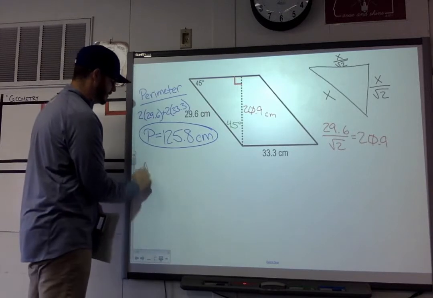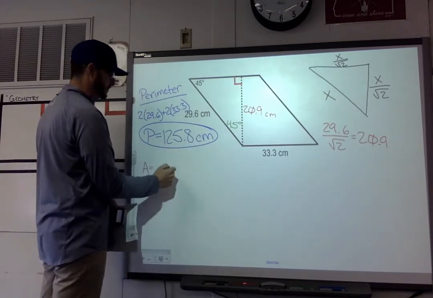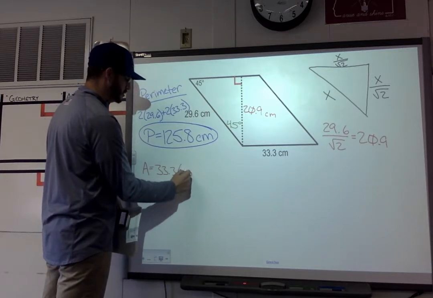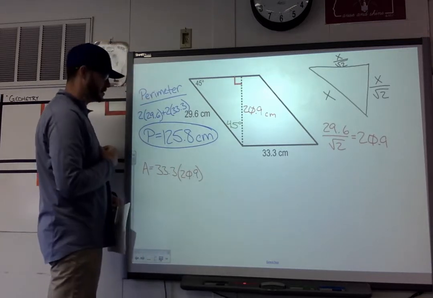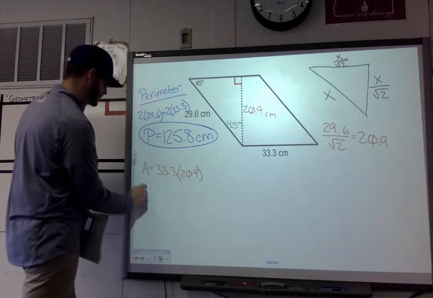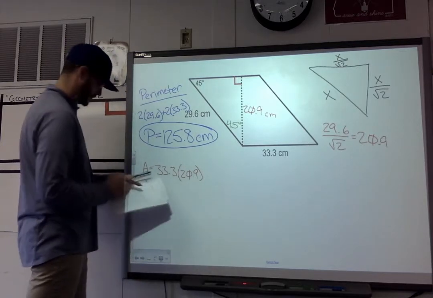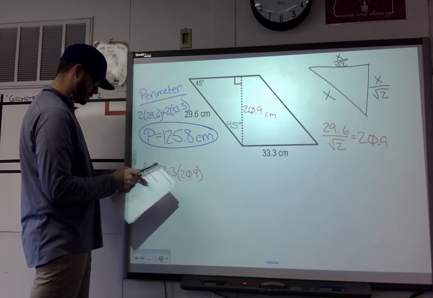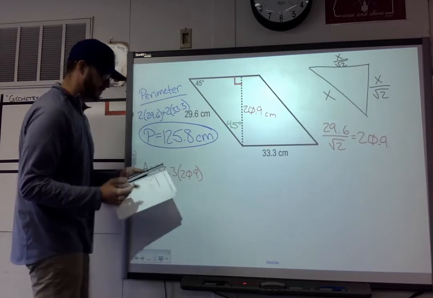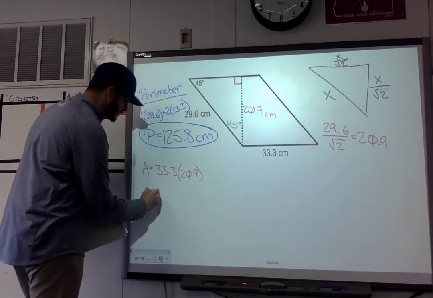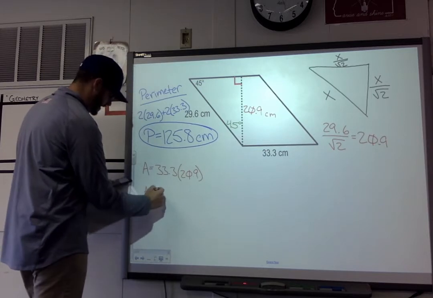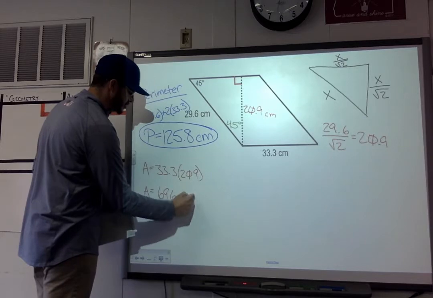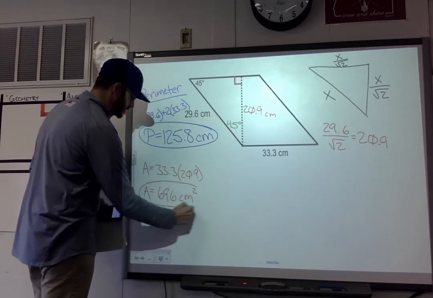So now in order to find the area, we're going to do base times height, which would be 33.3 times 20.9, which would give us an area of 33.3 times 20.9 gives us 695.97, which if you round that to the nearest tenth, actually rounds you to a whole number of 696 centimeters squared.